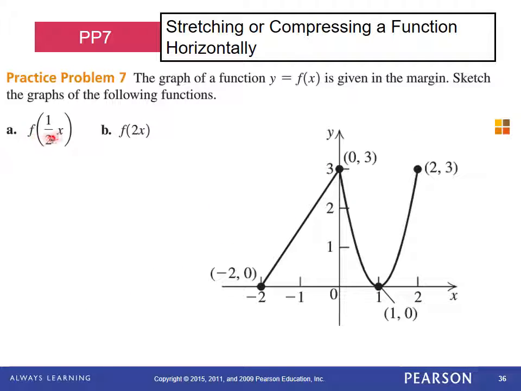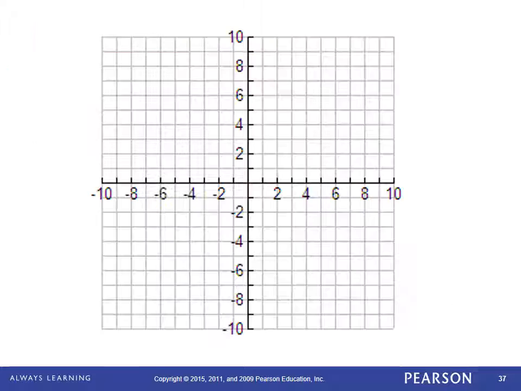So f of 1/2 x. What's that going to do? Let me draw it on maybe a different graph here. We'll start. So the original graph goes like this. Everybody agreed there? And what we're going to do is take 1/2 x, because it's between 0 and 1, you get yourself a horizontal stretch.